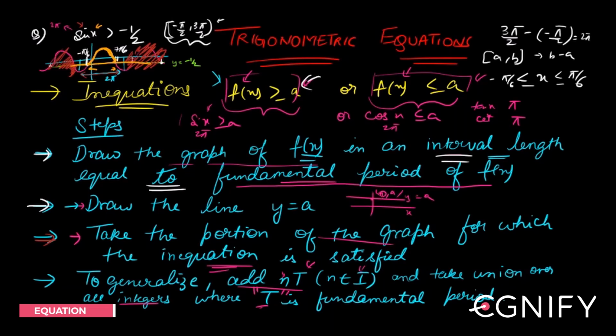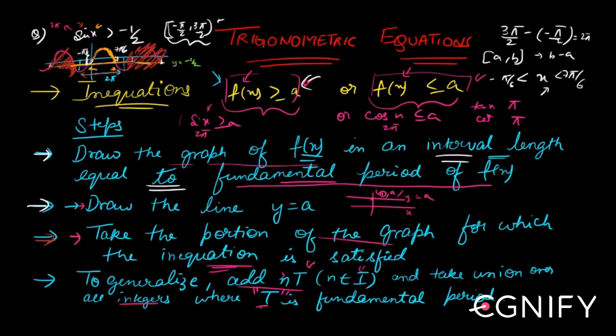Obviously it can't be equal, because equality is not there in the inequality. So what does this x coordinate say? If my x coordinate is between these two, then the corresponding y coordinate, basically the point finally, will lie on this portion, and this portion is greater than minus half, right?